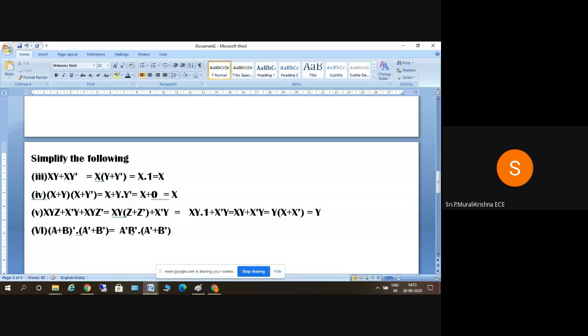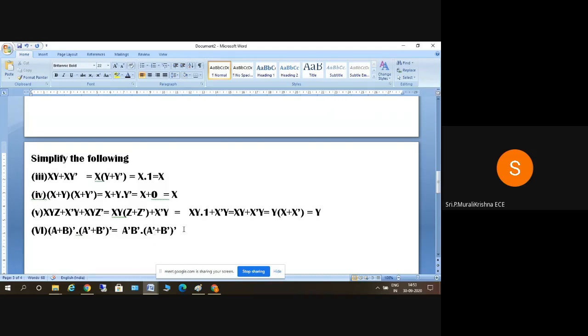So how to write this? So actually, this is the problem here. The problem is a plus b whole bar and a bar plus b bar whole bar. Using De Morgan's law, a plus b whole bar is equal to a bar into b bar. So already we have a complement for this.